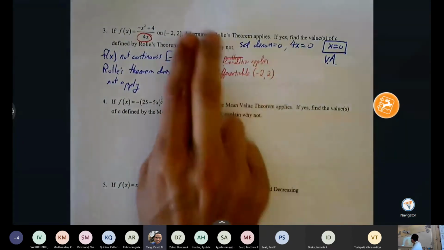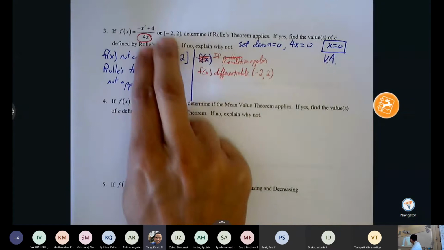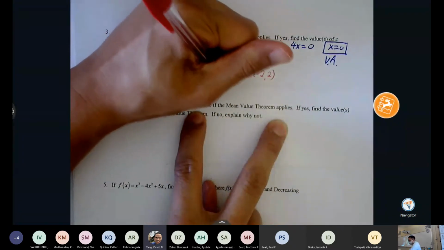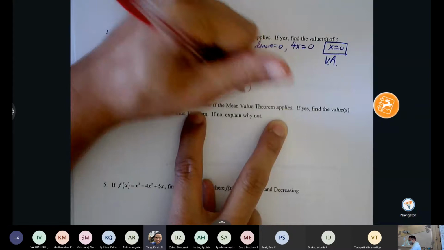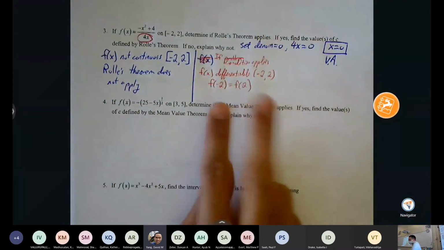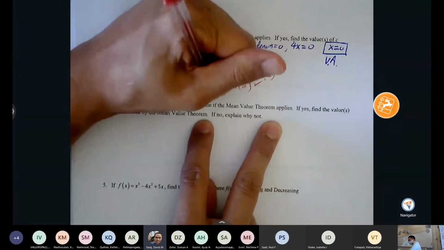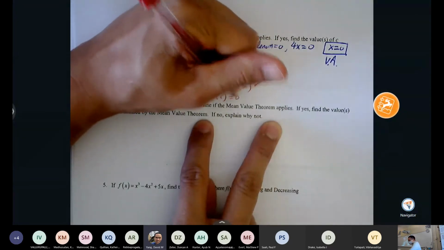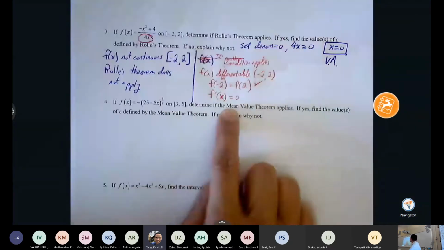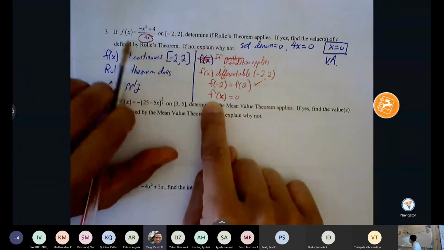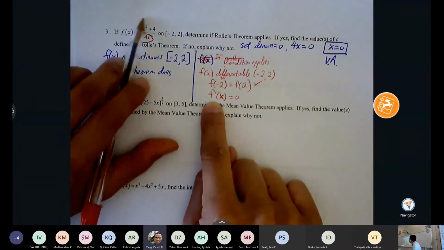And then you would take the endpoints, plug into the function, and see if f of -2 produces the same y value as f of 2. And then if it does, then you know there must be slope 0, and you can set f prime equal to 0. If we want to go through f prime, what method do we have to involve?